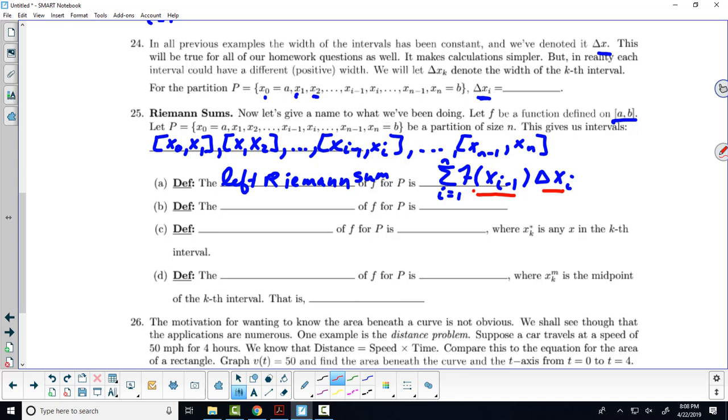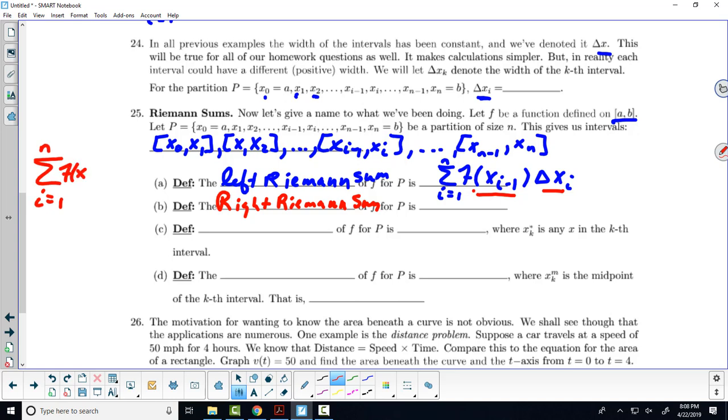So the next one is the right Riemann sum. I can't fit it on here, so I'm going to write it over here. The right Riemann sum is the sum from i equals 1 to n.